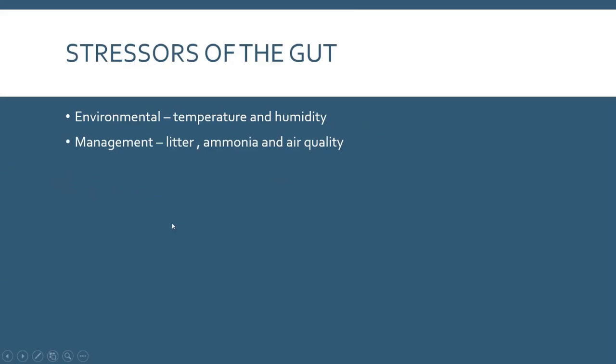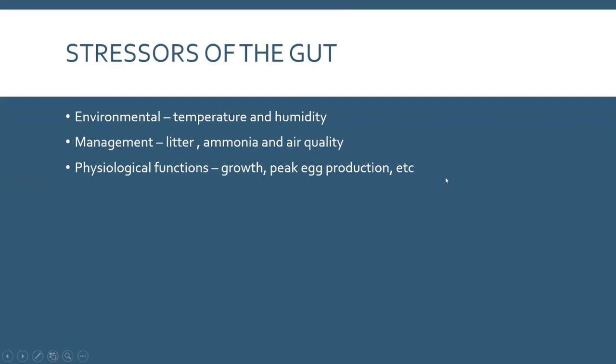And then management is one of the stressors of the gut. Let's say we have high ammonia level in the farm or in the house, and it affects air quality as well as the quality of the litter. And then normally when birds or broilers have fast growth rate, especially with the breeds that we have now, they have faster growth rate.